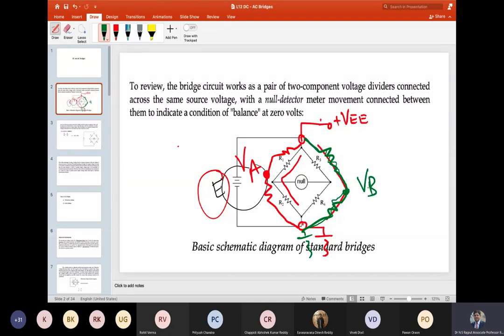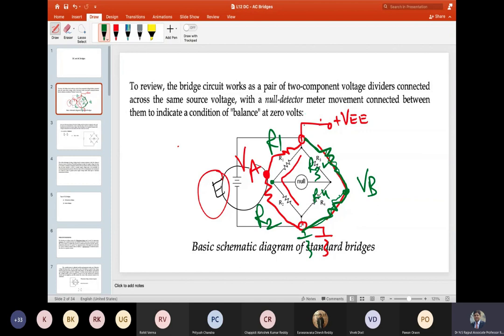Suppose this turns out to be VB. If I say that this is R1, this is R2, R3 and R4, how do I know this voltage? I will use a voltage divider circuit.